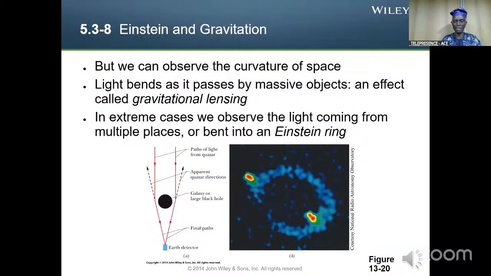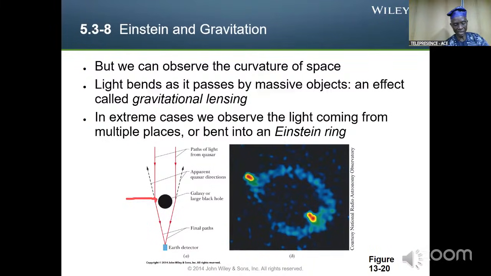This is the final point I'm making. Gravitational lensing means that light can also be bent. You can see in this diagram, if you have a very, very massive object like a black hole, and you have light coming in, ordinarily the light would go straight, but because this mass has distorted the space-time, the light can be bent.